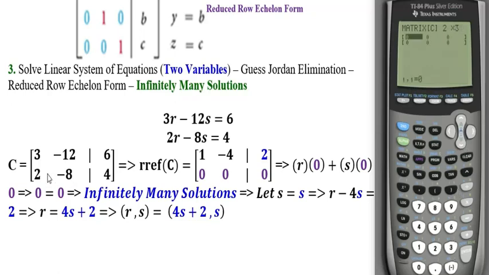For r we have 3, 2. For s we have minus 12, minus 8, augmented with 6, 4.